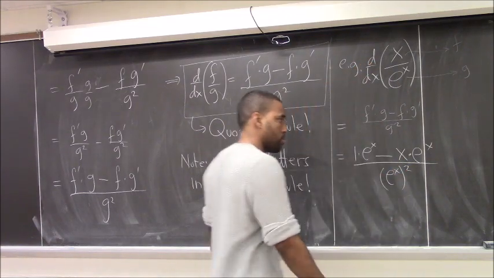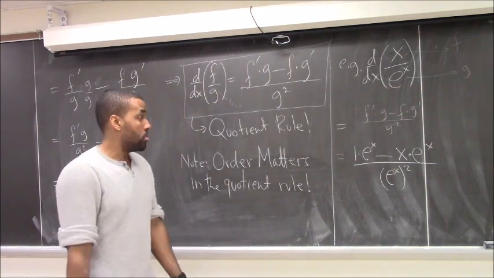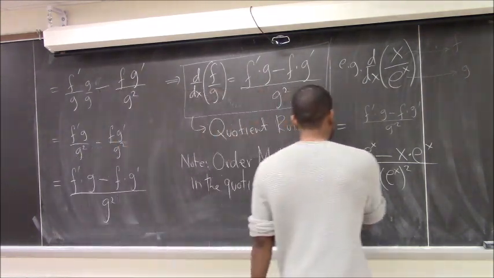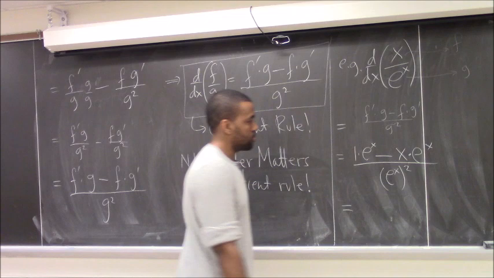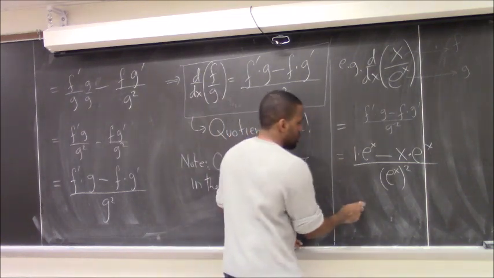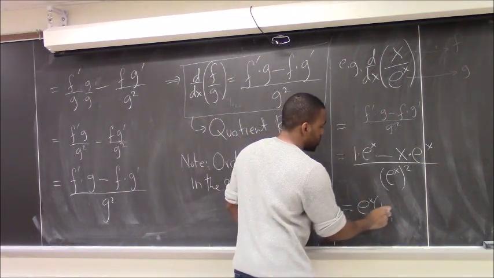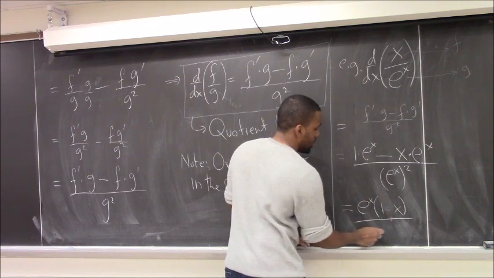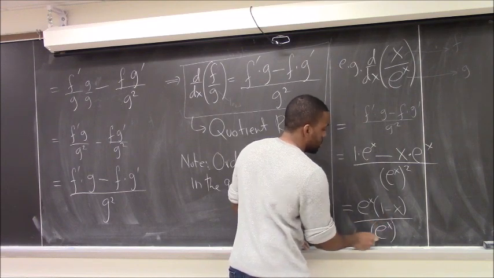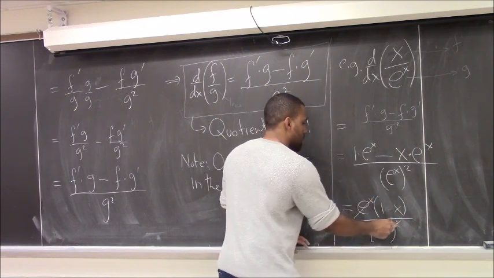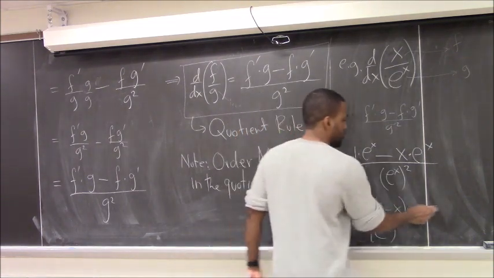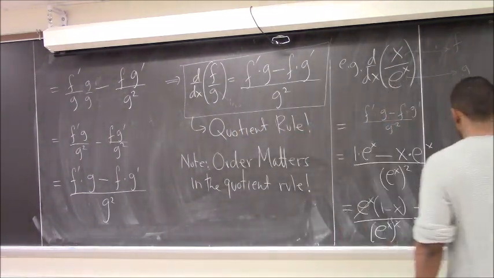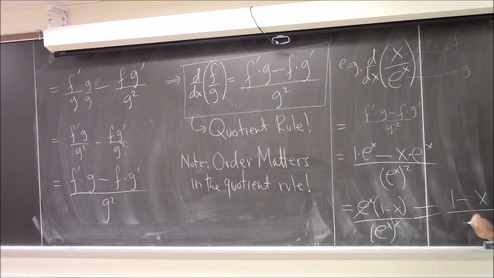And that would be your derivative. Of course, you can simplify a little bit here. So I can factor out a common e to the x. This is 1 minus x divided by e to the x squared. And cancel that. So this becomes 1 minus x over e to the x.